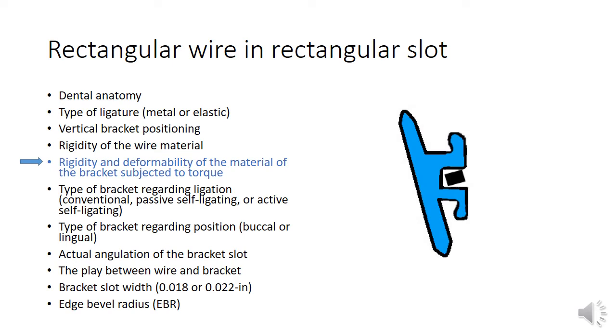To create the proper amount of moment to torque the tooth, either the force should be high or the moment arm should be long, or a combination of both. Because of the short moment arm of a rectangular wire in edgewise technique, which is actually the width of the arch wire, the force needs to be quite high to create enough moment to torque the tooth.